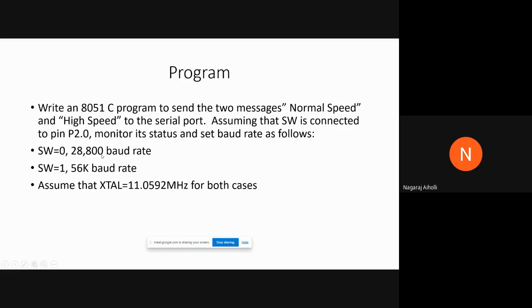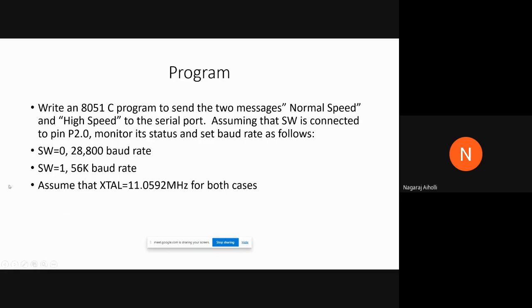Note that here it is 28,800 baud rate when the switch is 0, or when P2.0 is 0. Then once the switch becomes 1, the baud rate becomes doubled, from 28,800 to 56K. If it is getting doubled, that means we have to use SMOD equal to 1.